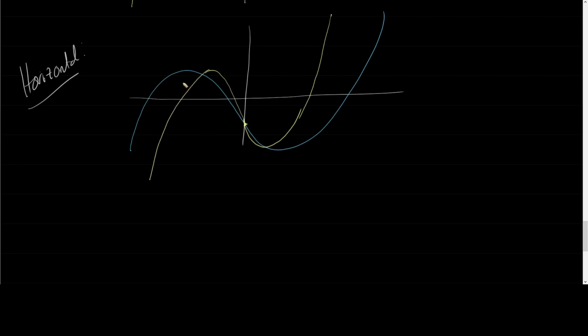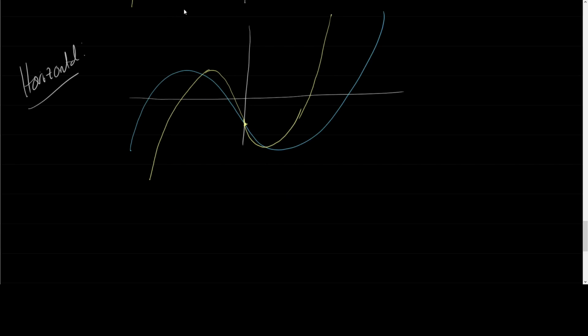Notice that I'm leaving this relative maximum at the same height. Similarly, this relative minimum at the same height, because that doesn't change. The only thing that's changing here is the x values. The y values should stay at the same heights.